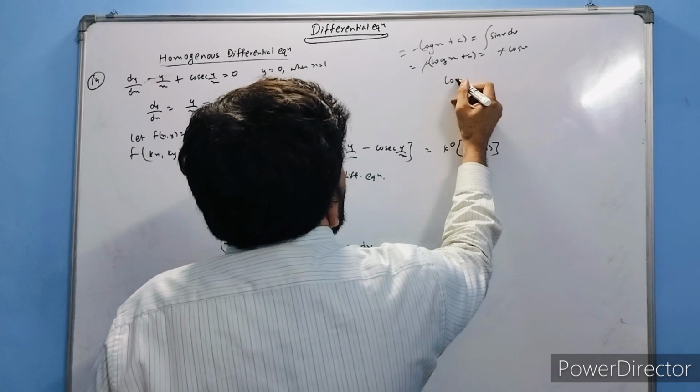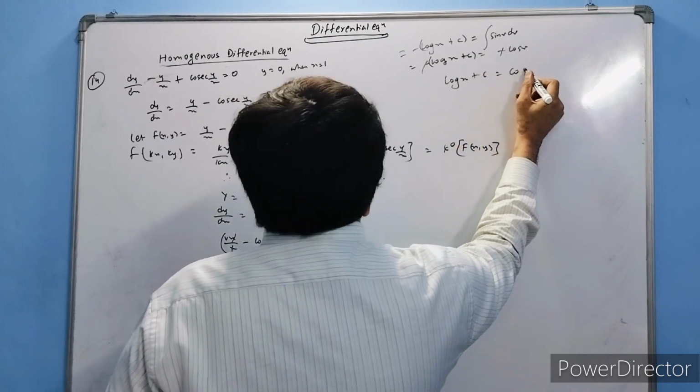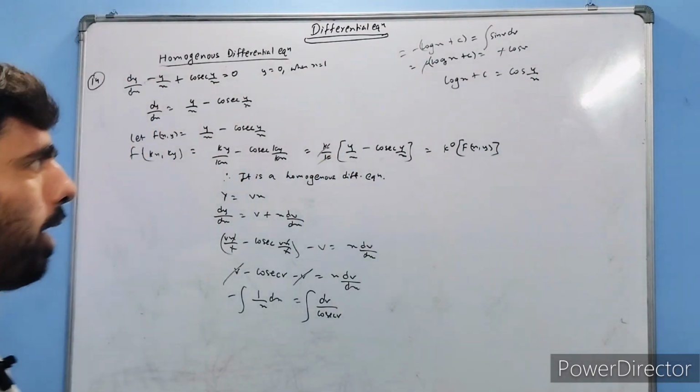So now I can put the value: log x plus c is equal to cos of y upon x.